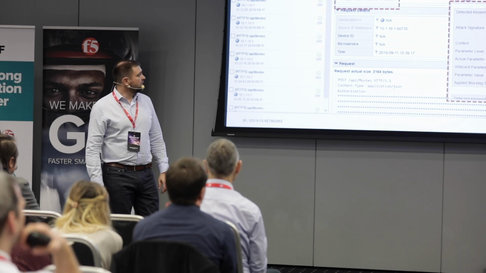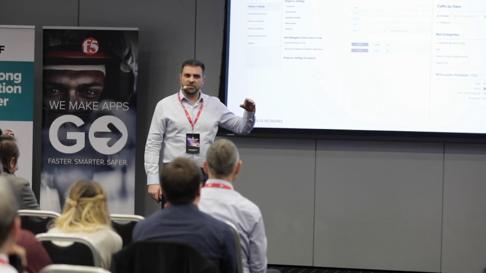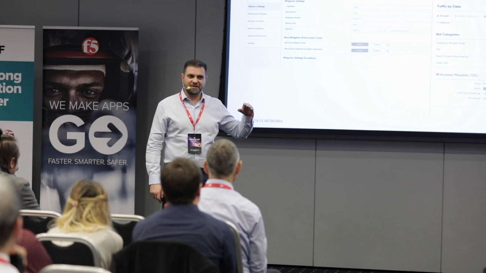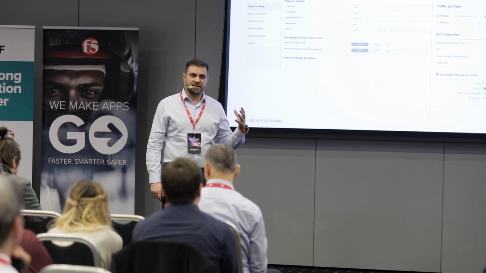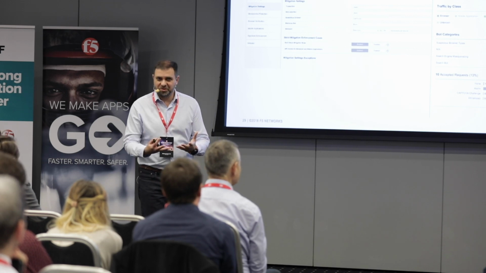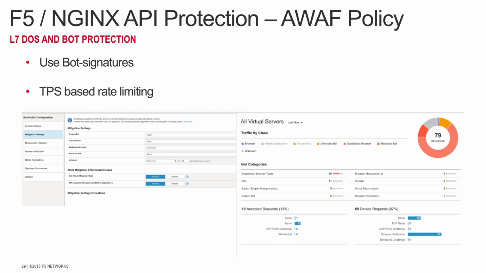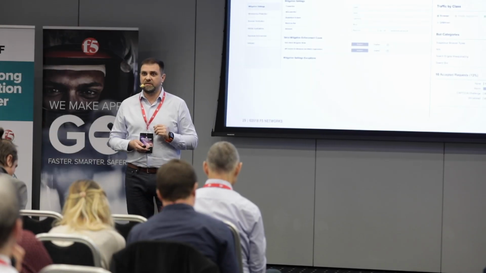Cool. I will not talk about DDoS attacks against the API calls. I will not talk about bot attacks or automated attacks against the API applications because I don't have time, but for sure, you have to be aware that the bad guys will try to send a lot of requests to the API servers.